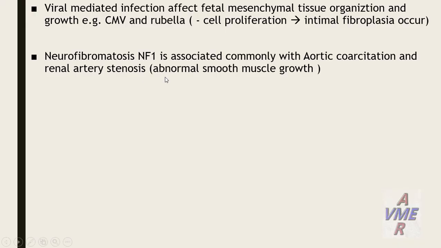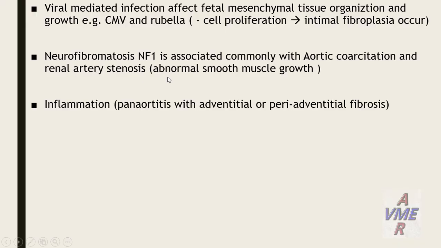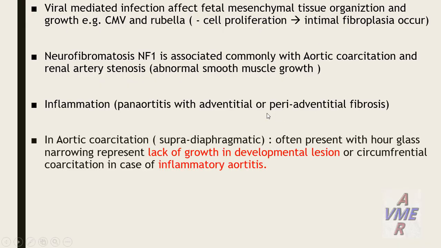It has abnormal smooth muscle growth. Inflammation: pan-aortitis with adventitial or peri-adventitial fibrosis. In aortic coarctation, the supradiaphragmatic type often presents with hourglass narrowing, representing lack of growth in a developmental lesion, or circumferential coarctation in case of inflammatory aortitis.